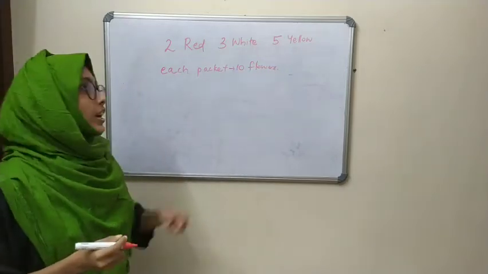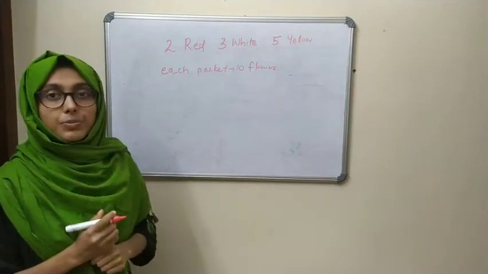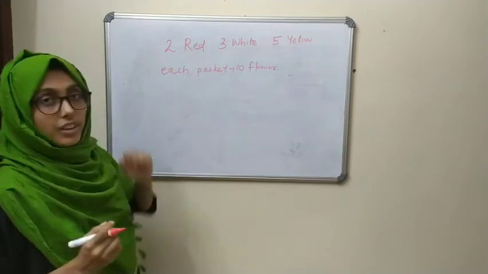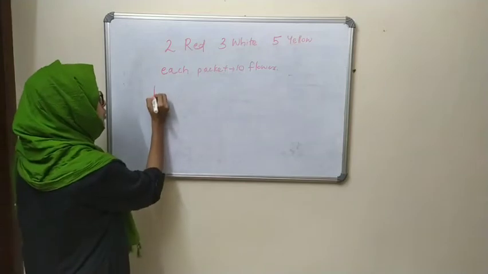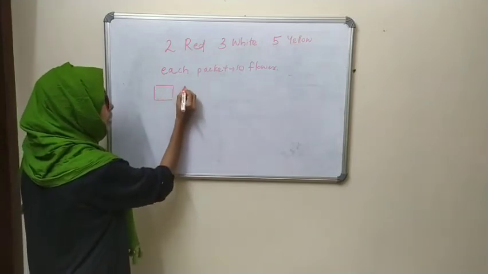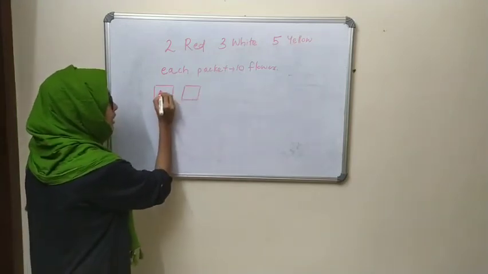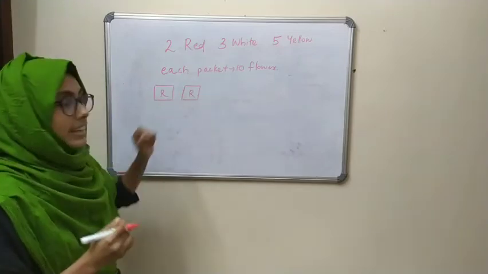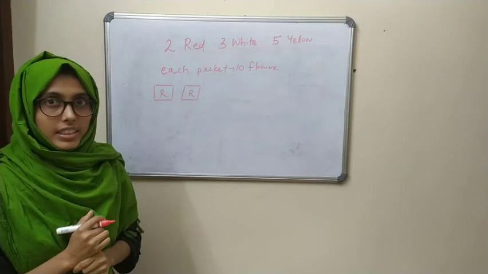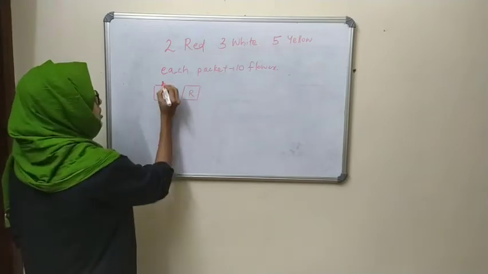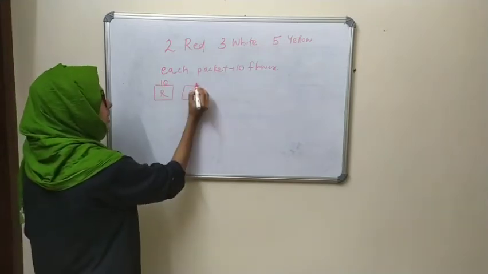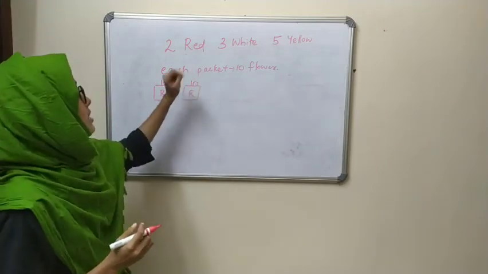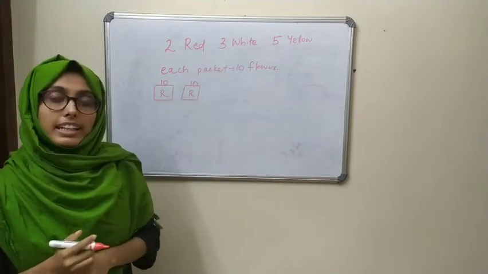Okay, so there are 2 packets of red flower. In each packet there are 10 flowers. So here 10 flowers are there. Here also 10 flowers are there. And 3 packets of white flower.